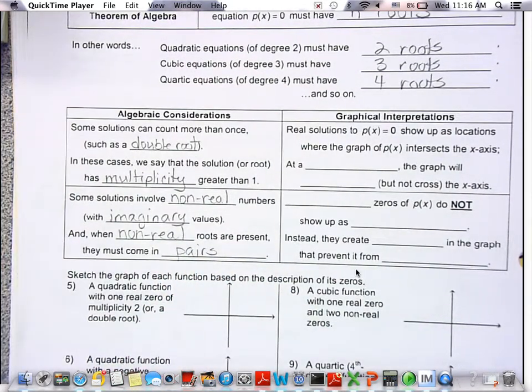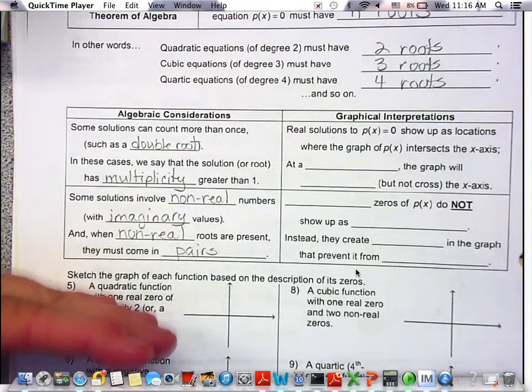So if you have, like, you know how we had 1 plus i and 1 minus i? If you have non-real, you can't have just one imaginary solution. You have to have 2. Now you can have one real solution at 1, and then you would have maybe 2 imaginary, something like that. Okay, that's for the algebra part.